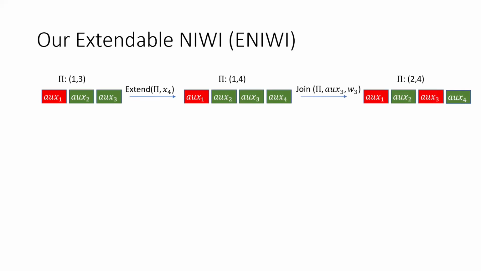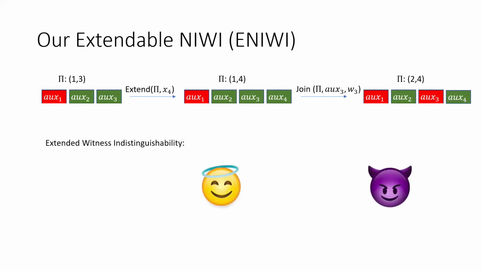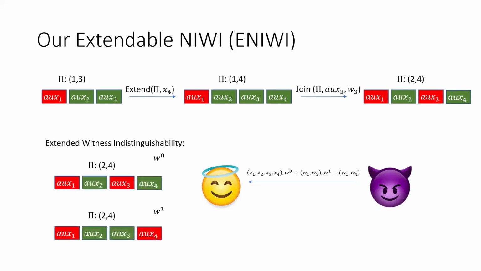And the witness indistinguishability notion is like this. The adversary will sample a statement and 2 possible witnesses. And then the challenger, basically, we can imagine that computes both proofs with both witnesses, and then picks a random bit to select which proof to send to the adversary. And now, together with the proof, it will send a subset of all the auxiliary values.